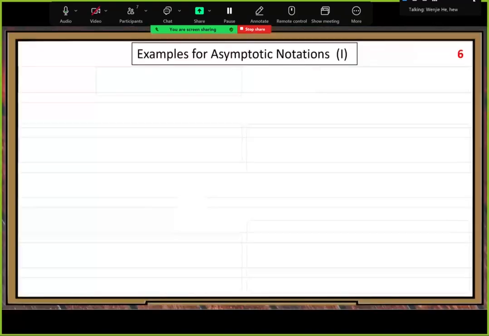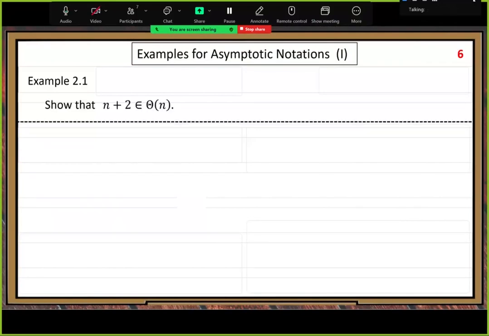So let's look at the first question. Show that the f function, n plus 2, belongs to big theta of n. How to show it? Very simple.